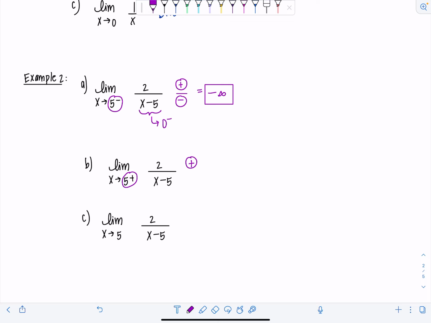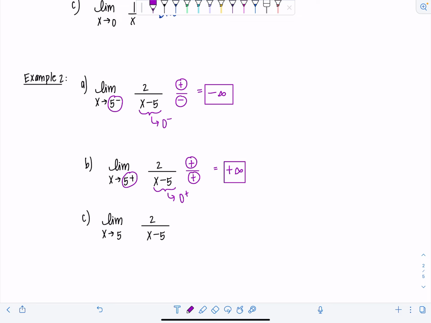So if you take 5.1 minus 5, 5.01 minus 5, this is approaching 0, but through positive values from the right. So the sign of the denominator is positive again. So the numerator, non-zero constant, denominator approaching 0, but from the right. So this limit's going to be positive infinity.